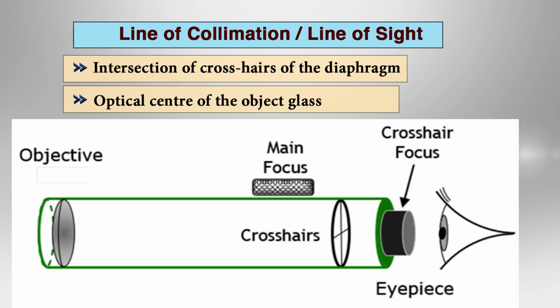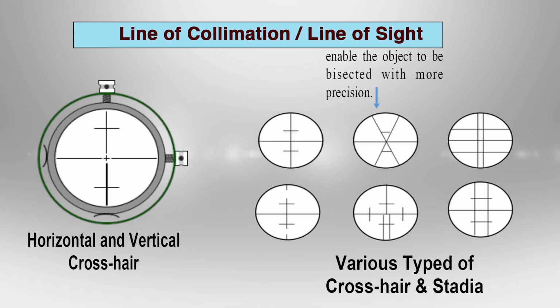This imaginary line, which passes through the intersection of crosshair and the optical center of the object glass, is called the line of collimation of the telescope or the line of sight of the telescope. Usually, one crosshair is horizontal and the other is vertical, but in some instruments the crosshairs are arranged in the form of alphabet X, which is thought to enable the object to be bisected with a little more precision.